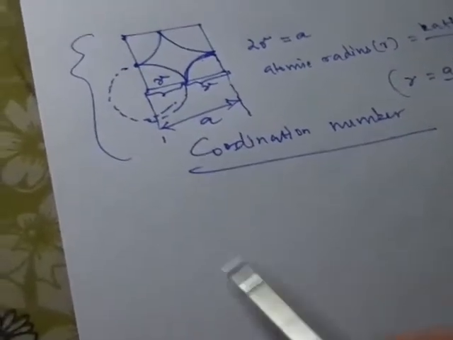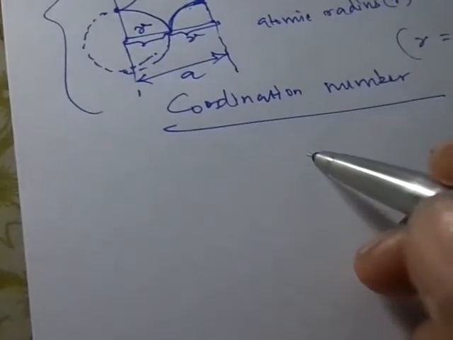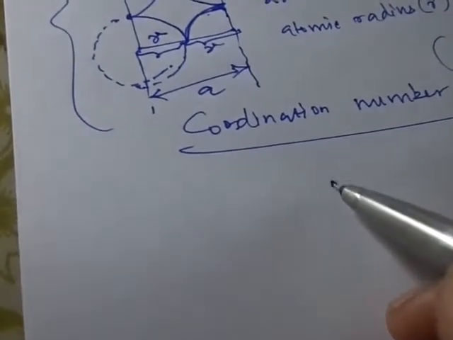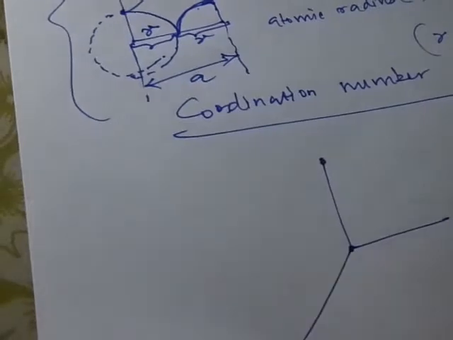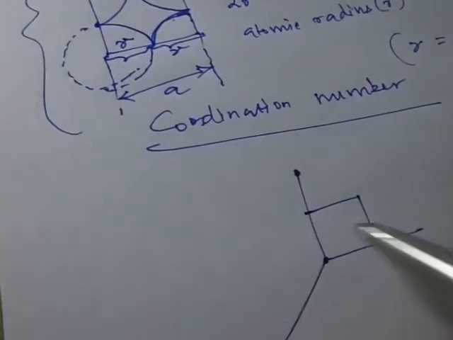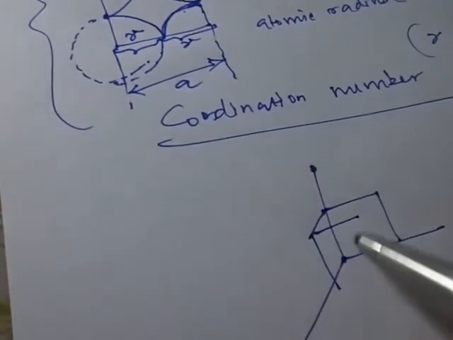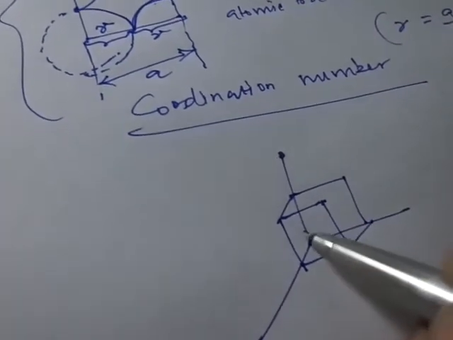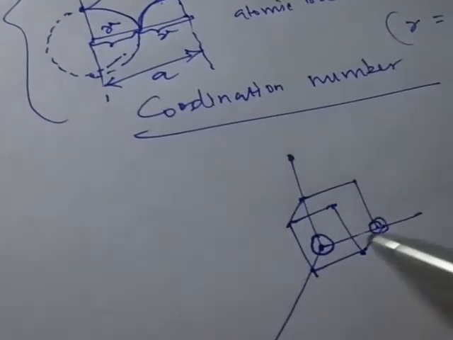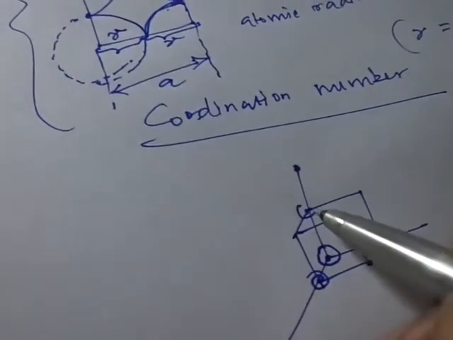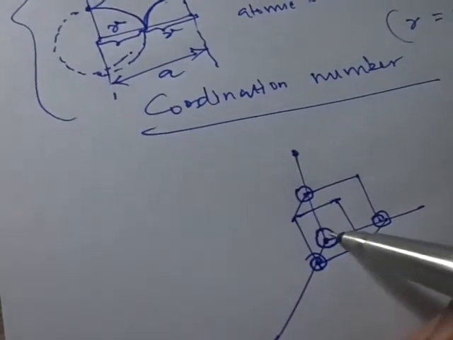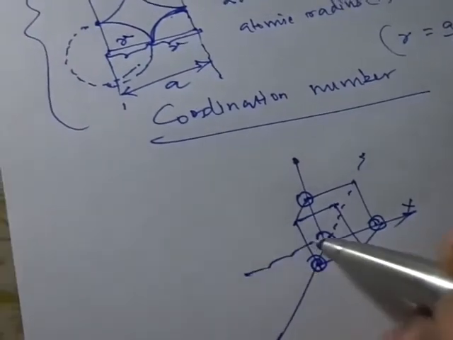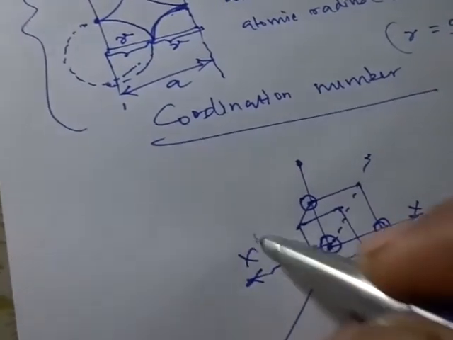So when I want to put a simple figure to represent that, I mark in this manner. I can put a simple unit cell figure, and with respect to this atom, this is neighbor, neighbor, neighbor, x-axis, x dash.